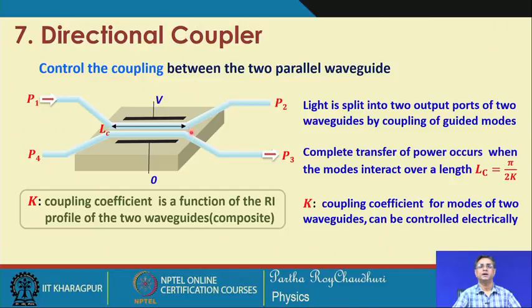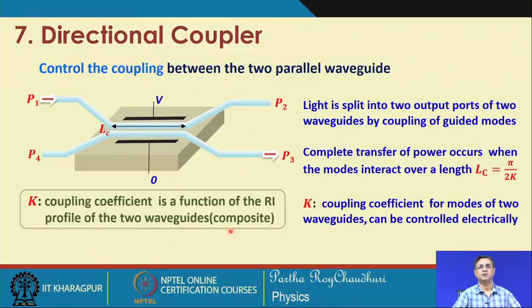Let us suppose that this is a 50-50 splitter, then by applying a voltage, the refractive index of the composite structure can be controlled, because the length required to switch light from one port to another is the coupling length, which is a function of this kappa, the coupling coefficient, and kappa is a function of the refractive index of the composite structure, the way it is configured.